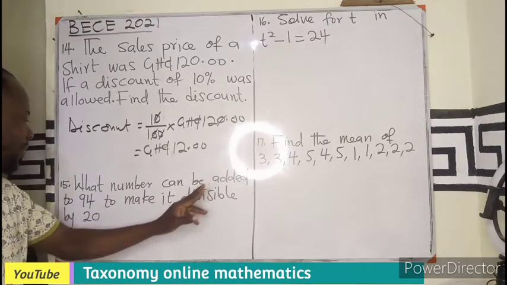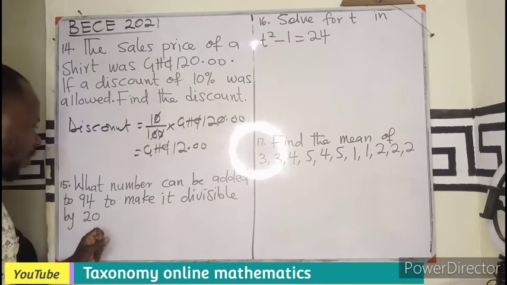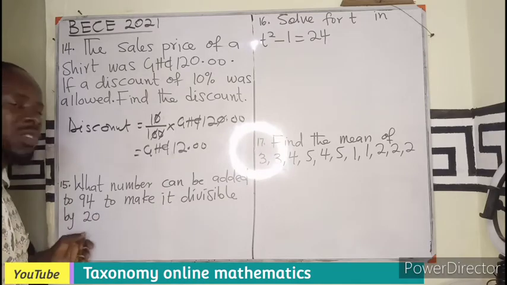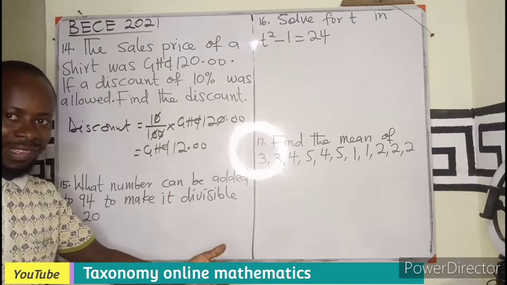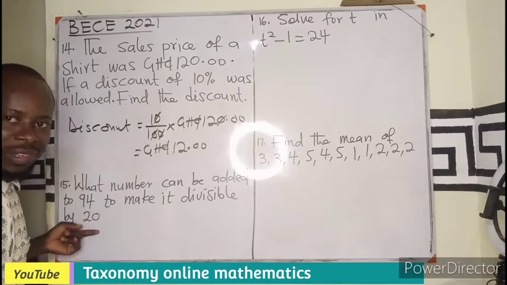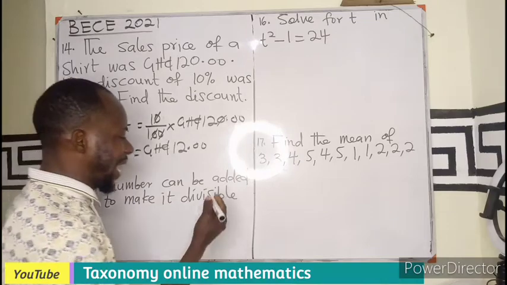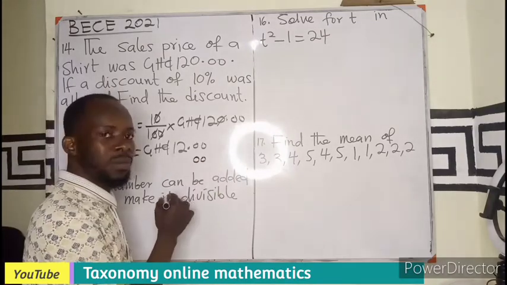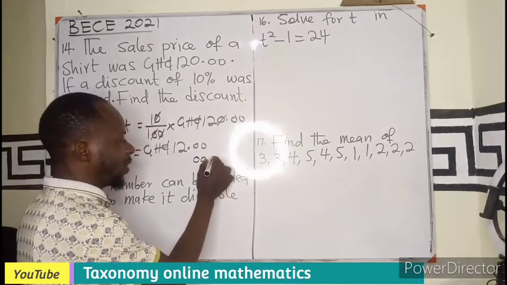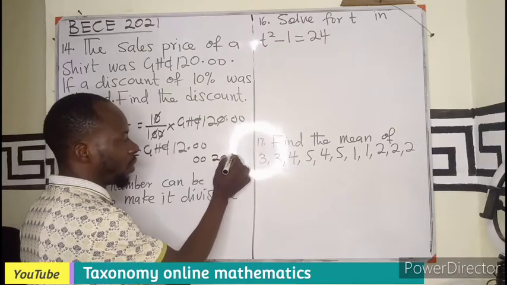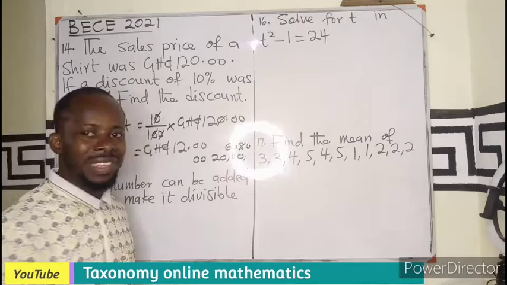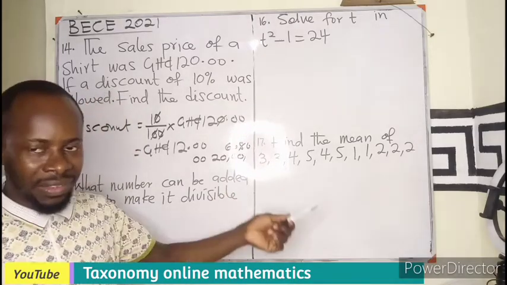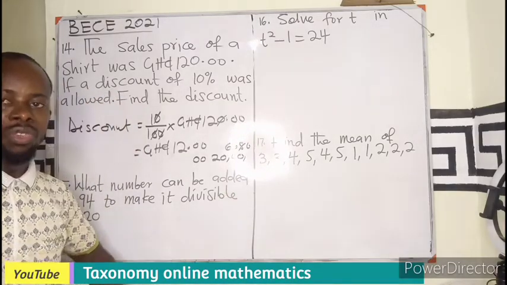Then number 15. What number can be added to 94 in order to make it divisible by 20? You know, we have rules of divisibility tests. For 20, any number that ends with 00, 20, 40, 60, 80, all these numbers that end with these digits can be divisible by 20.